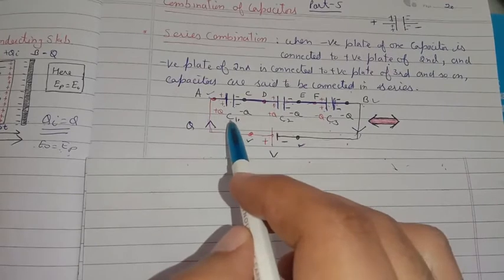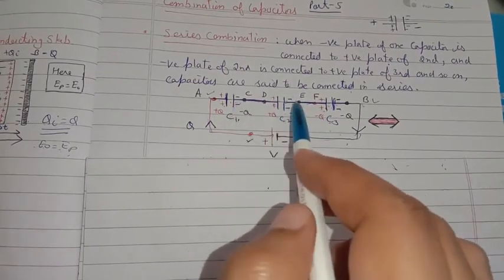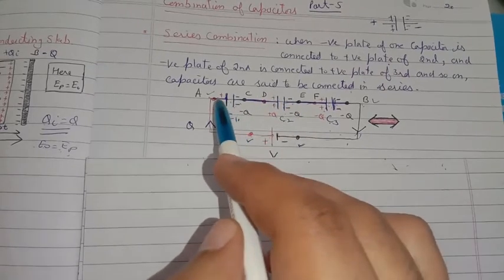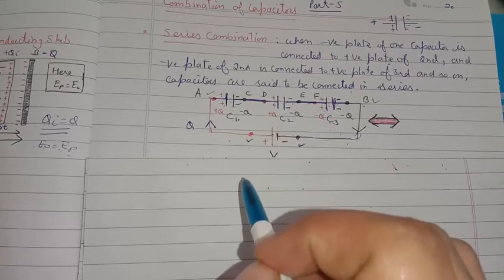Although the capacitors are of different capacity, C1, C2 and C3, because they are in series combination, the charge Q on each capacitor will also be the same.